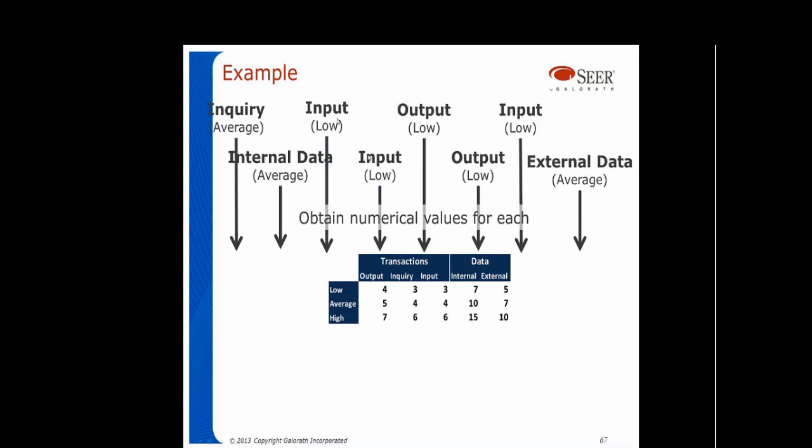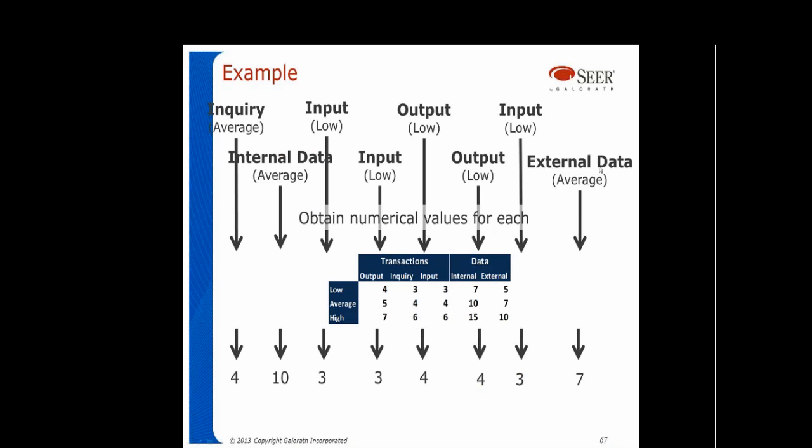So for transactions, we have low, average, or high complexity being translated into these numbers. For data, we have low, average, or high complexity being translated into these numbers. Inquiry, average, 4.